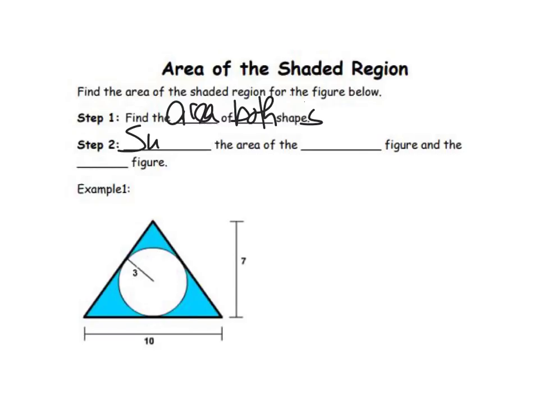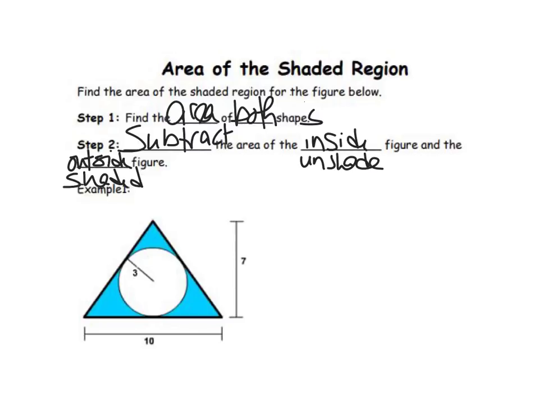Step 2 is subtract the area of the inside figure and the outside figure. So it could also be the unshaded figure and the shaded figure. Okay, so it could be either one.